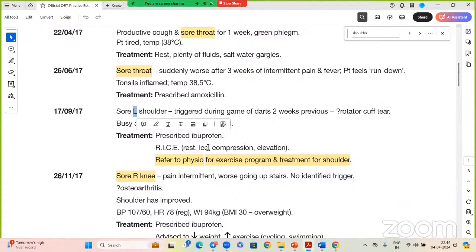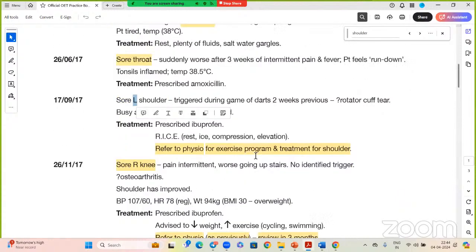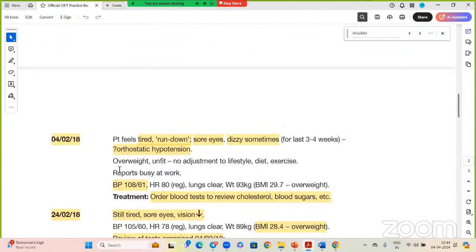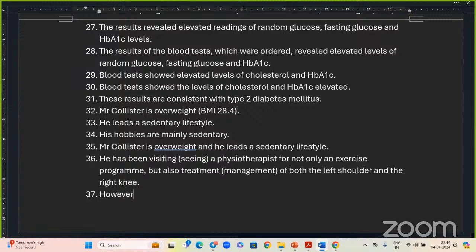So in spite of all these things, what is happening? He still continues to be overweight and he is still unfit. So he needs to continue, right? So you can use the contrast here. However, whenever you say however, you have to put a comma.